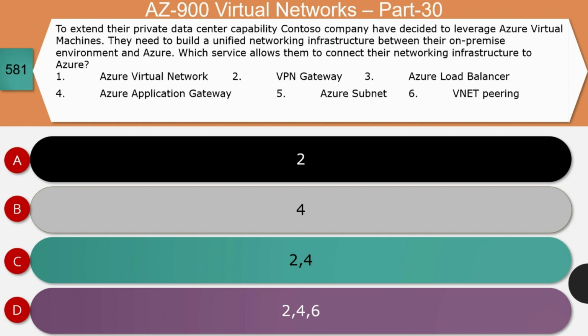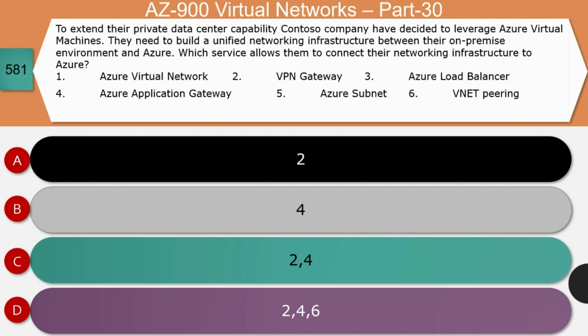The first question: to extend their private data center capability, Contoso company have decided to leverage Azure virtual machines. They need to build a unified networking infrastructure between their on-premises environment and Azure. Which service allows them to connect the networking infrastructure to Azure?